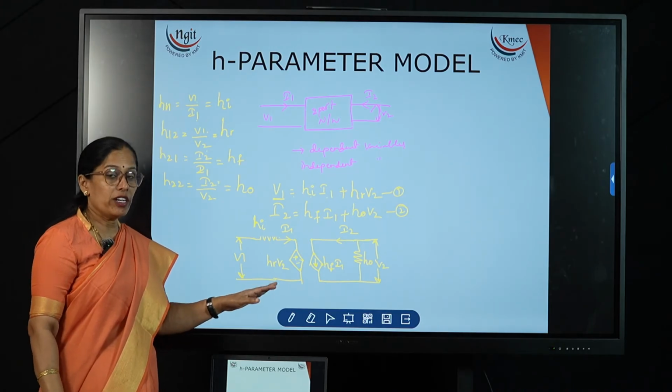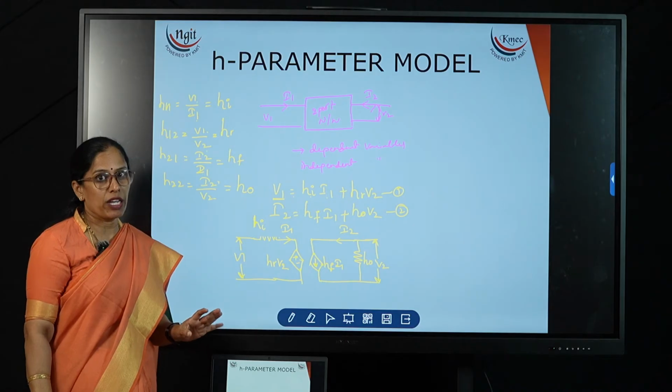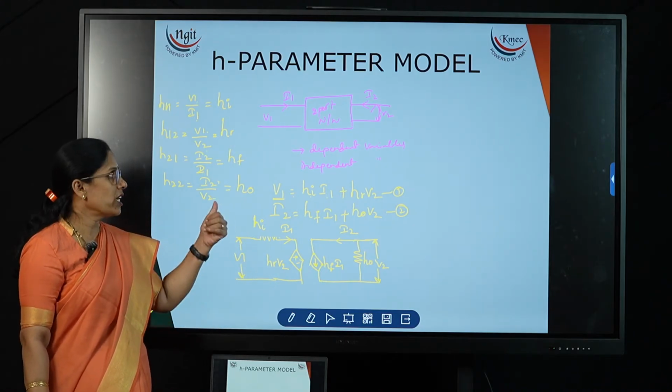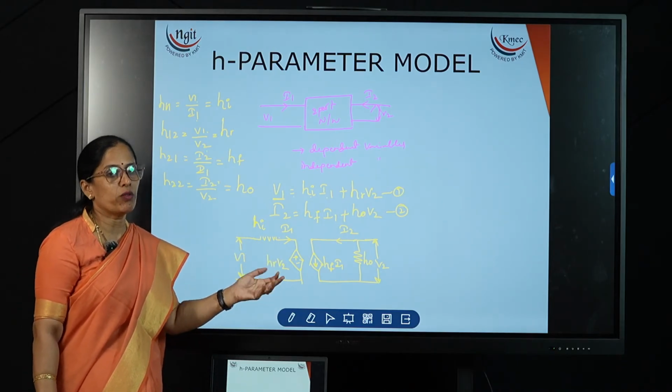To draw the diagram for the common base and common emitter, we draw the same diagram, but we have to consider the input current, input voltage drop, output current and output voltage drop accordingly.